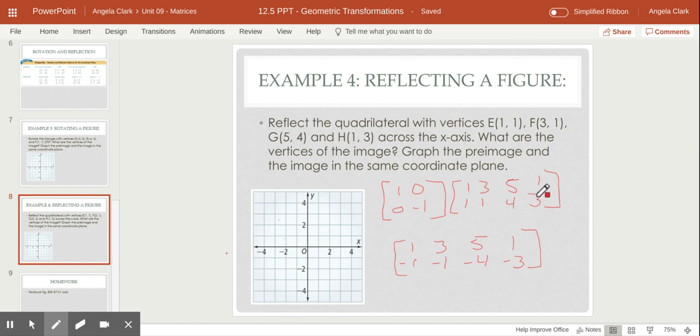So that's completely up to you what you're comfortable with. So let's go ahead and graph our pre-image. So we're at 1, 1, 3, 1, 5, 4, and 1, 3.